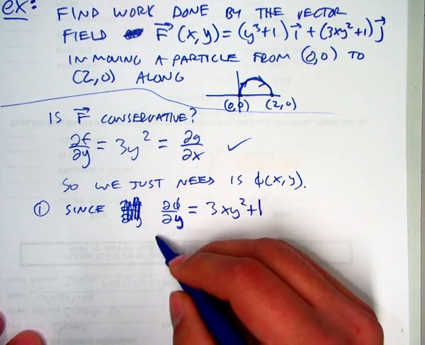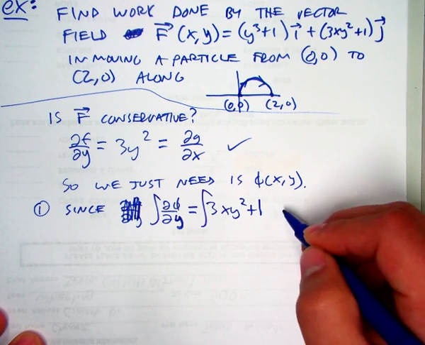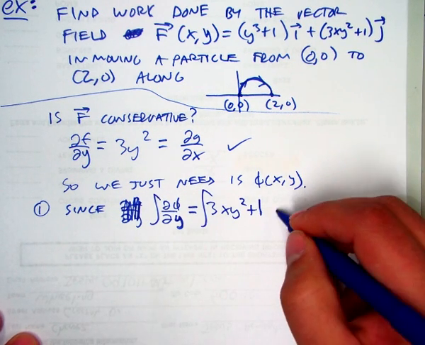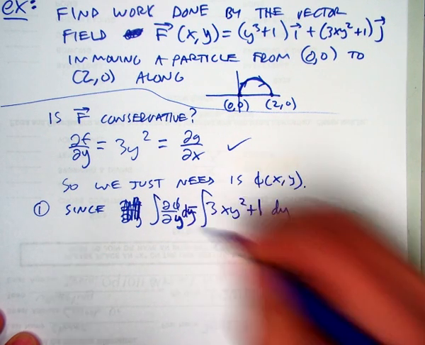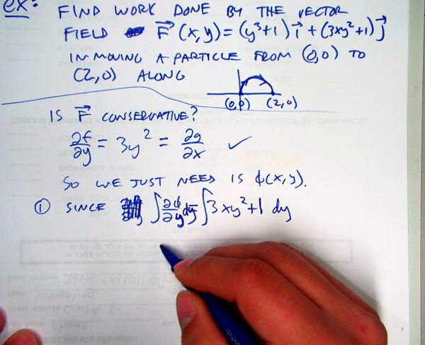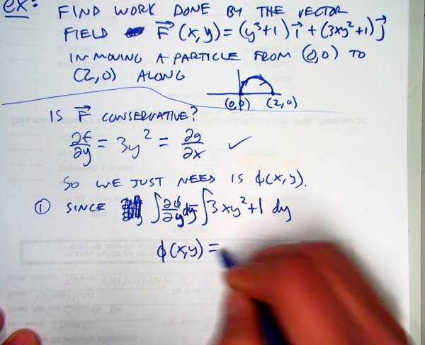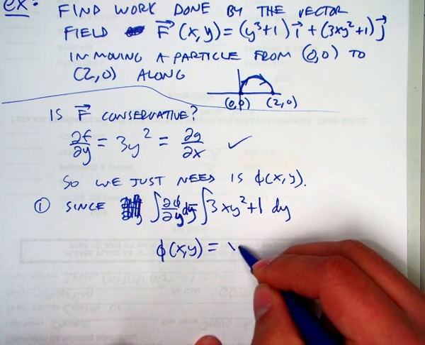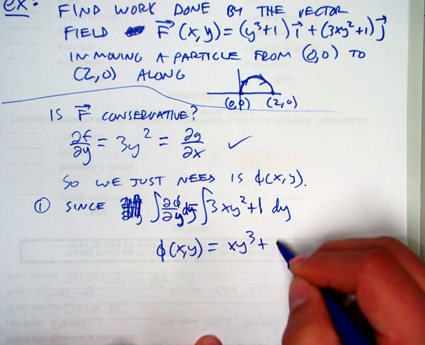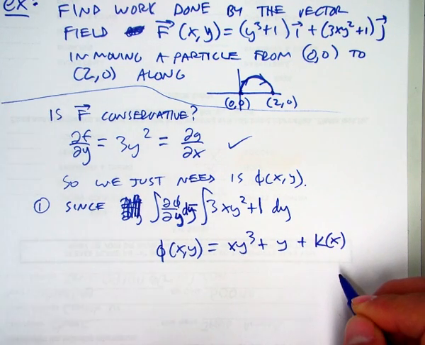Then if I integrate that with respect to y, phi of xy is going to be what? xy cubed plus y plus some constant, maybe in terms of x, right?